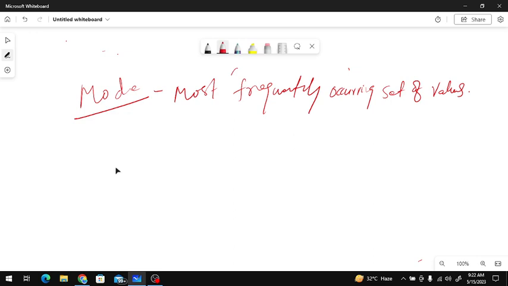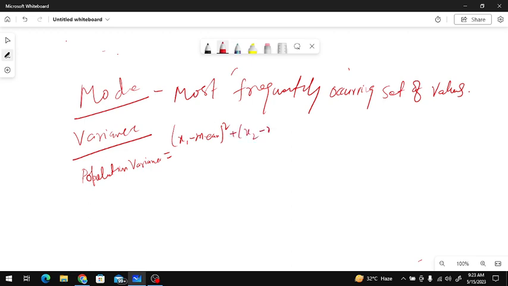So if we are talking about variance, the population variance should be x1 minus mean, plus x2 minus mean, plus up to xn minus mean, and divided by n, right?